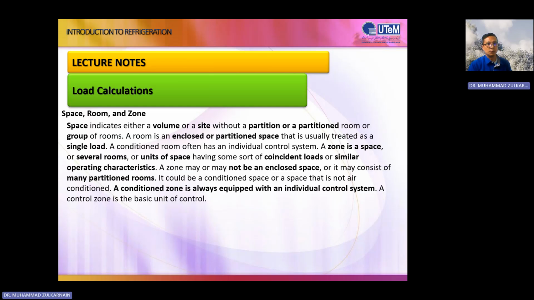Let's say we want to adjust the temperature to 22 degrees Celsius, and then we group this across several rooms or zones, and then we can calculate the cooling load of every conditioned zone. And one space may contain several zones.